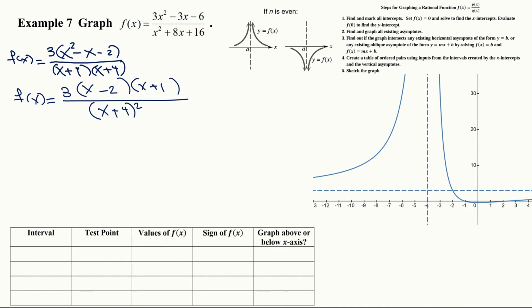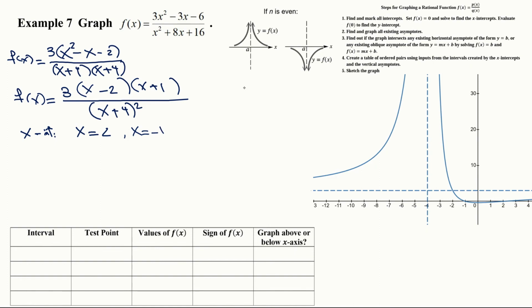All right, so as far as the x-intercepts are concerned, we're going to set the numerator here equal to 0. Of course, 3 can't be 0, so either this is going to be 0, which is going to give me x equals 2, and the other possibility is this being 0, so we get x equals negative 1.